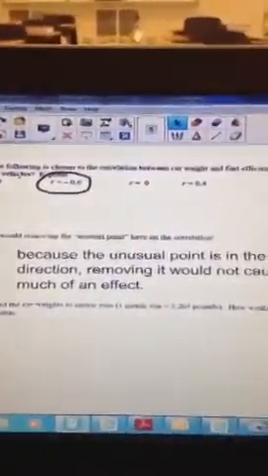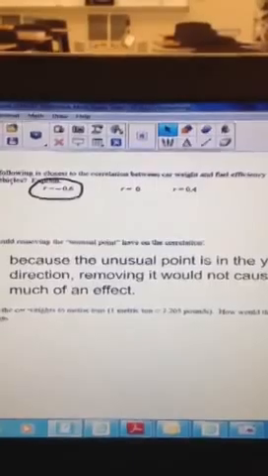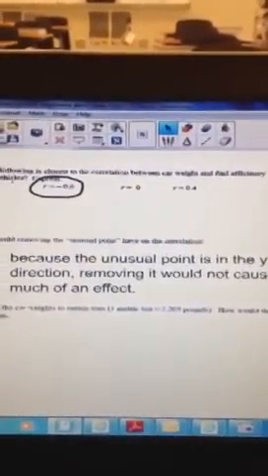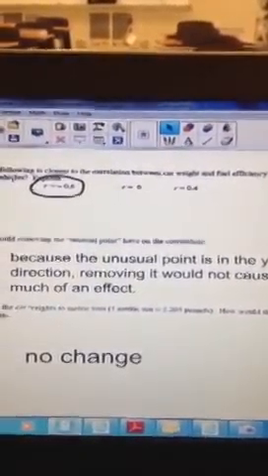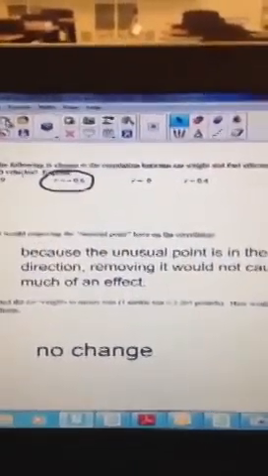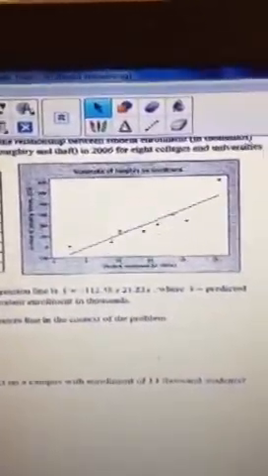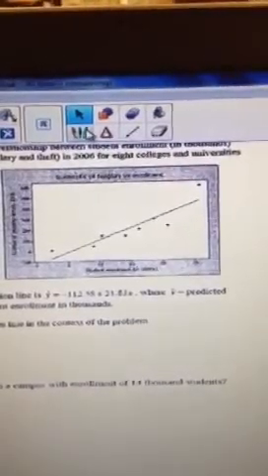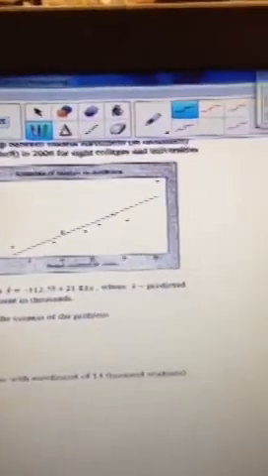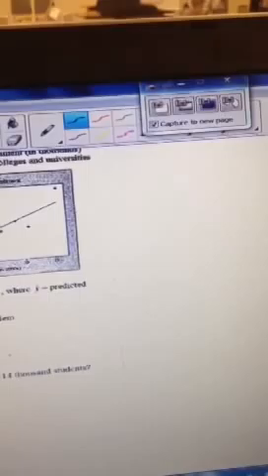If the car weights were converted to metric tons, the correlation would not change at all. The units have no effect on correlation. Okay, in this particular problem, they're asking us to interpret the slope. The slope is 21.83.